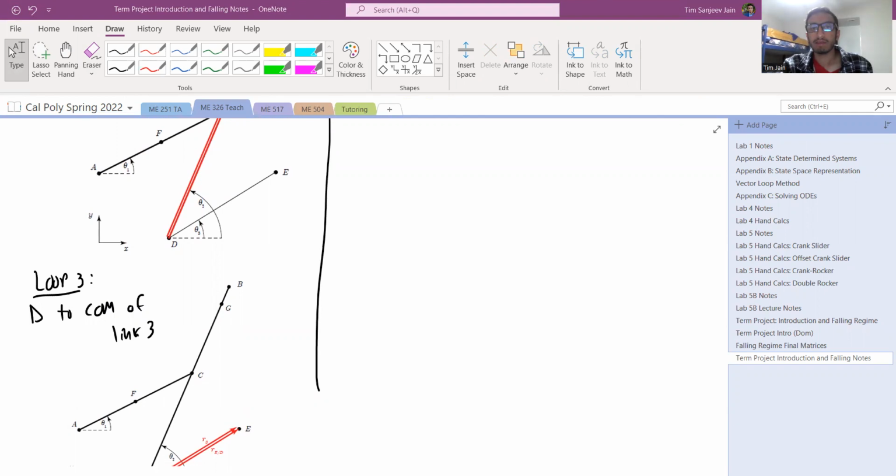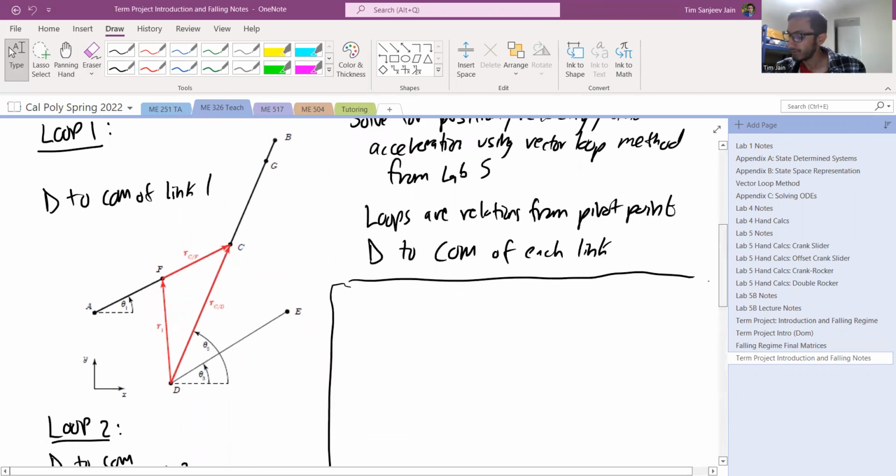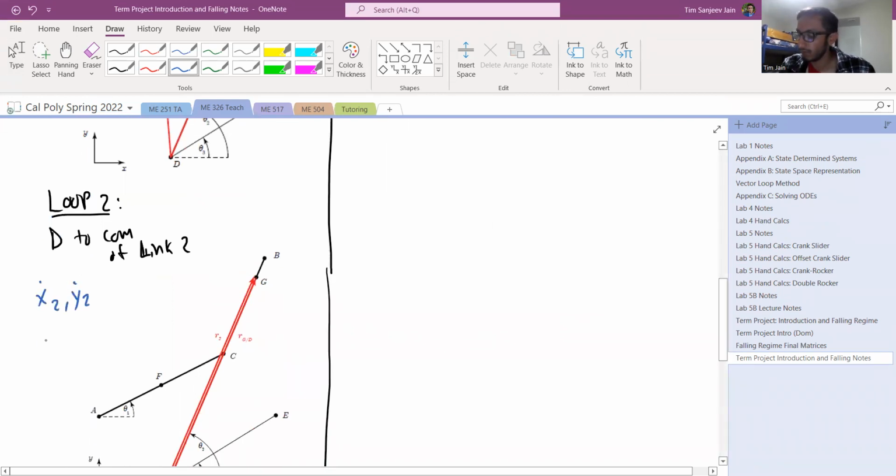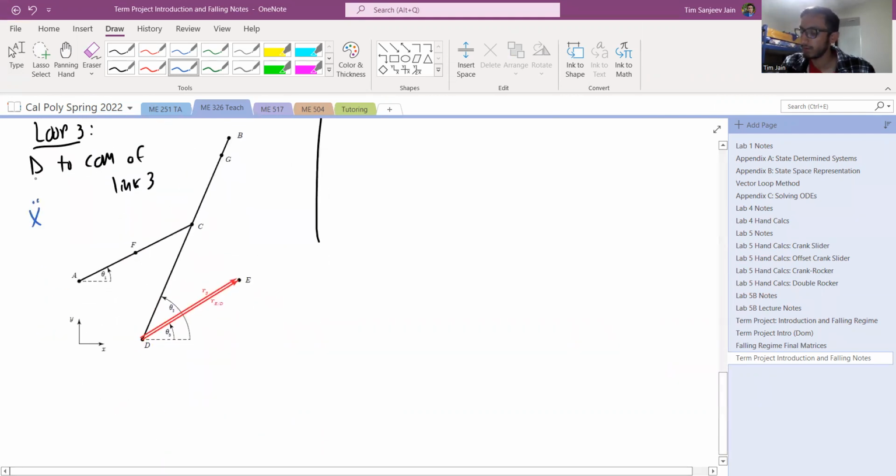First of all, link 1, which is loop 1, you're going to get expressions for x dot 1, y dot 1, x double dot 1, and y double dot 1, which correspond to the velocities and accelerations. Then for loop 2 we have x dot 2, y dot 2, x double dot 2, y double dot 2, and of course x dot 3, y dot 3, x double dot 3, y double dot 3.